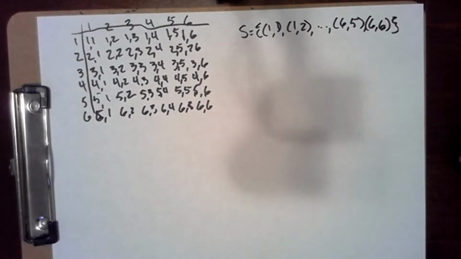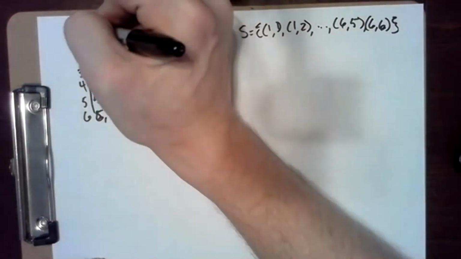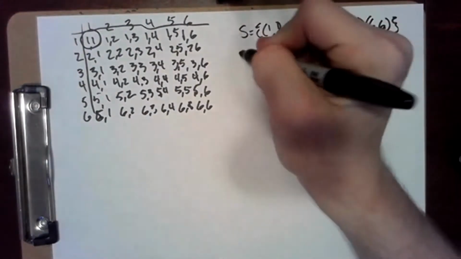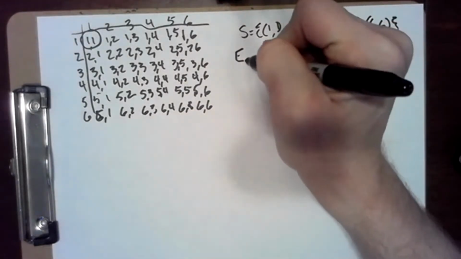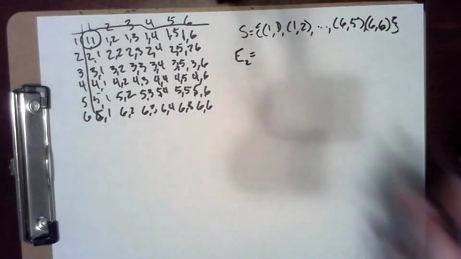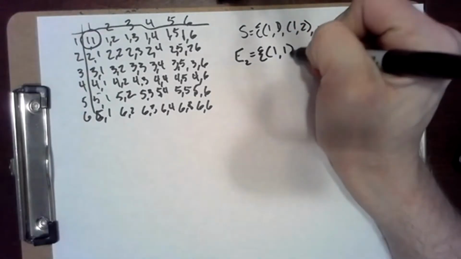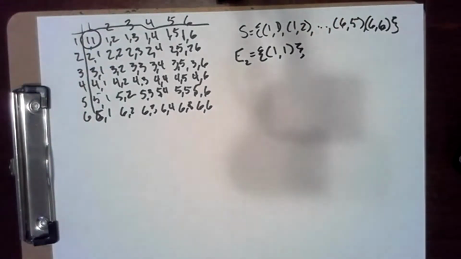What were we saying the events were? They're E2, E3, E4, etc. And the reason that this is so easy is that if we look here, that's all the possible values that will give us 2 when we add them together. So the event E2 is just the set that includes both rolls being 1.